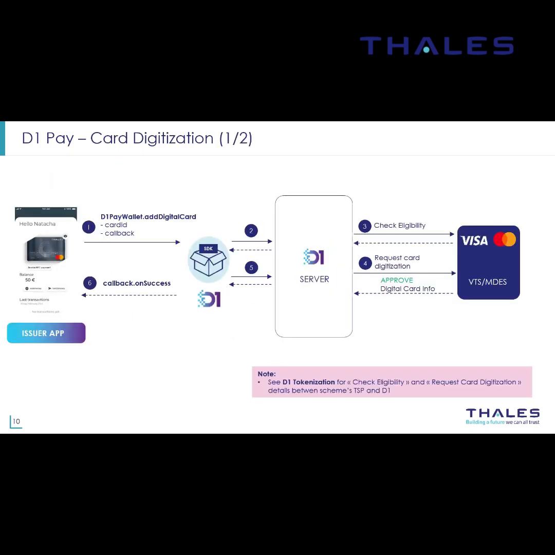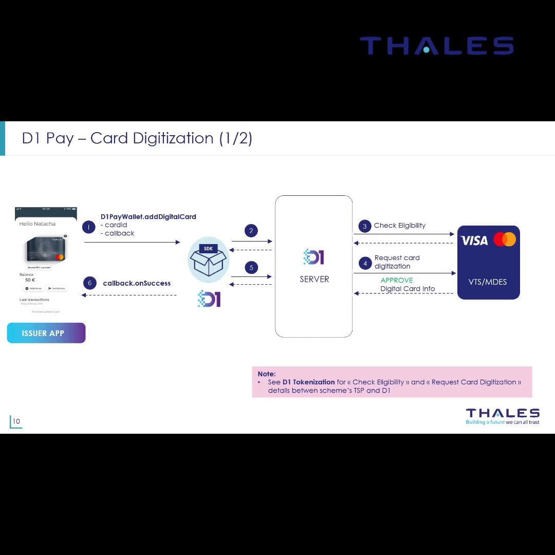Card digitization. After retrieving the card digitization state, you can start the card digitization flow, specifically to add a digital card for a given card ID to D1 SDK. Then the D1 SDK initiates tokenization. It communicates with the D1 server, which then sends the check eligibility and card digitization request to Visa or MasterCard server.